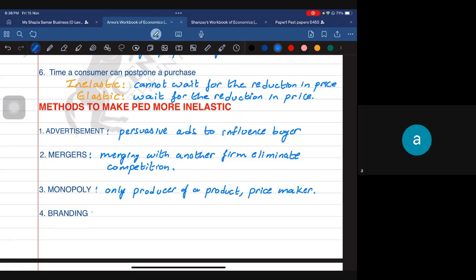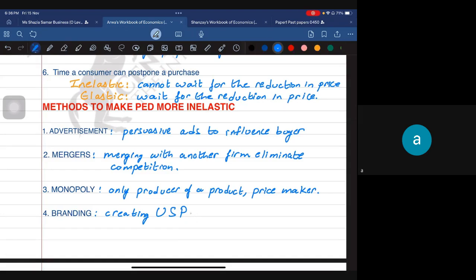Branding. In branding there's a brand image and also the logos on the products. Let's say that product is recognized by the consumers, like for example Apple. They know that this is an Apple product, and because of the brand image, it's going to have brand loyalty, so that will be price inelastic.